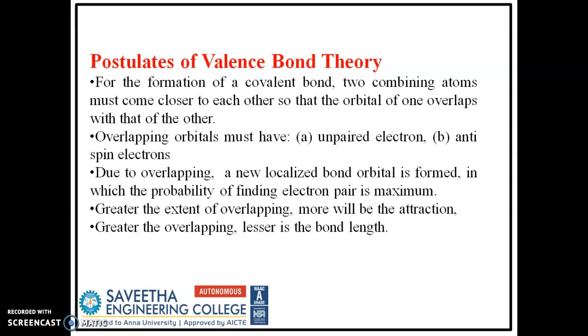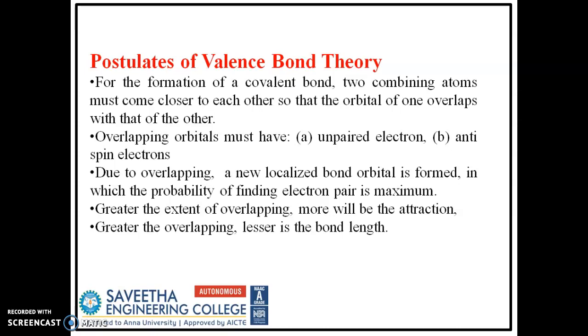Overlapping of orbitals must have 2 electrons. One is an unpaired electron and the other one is an antispin electron. Due to the overlapping, a new localized bond orbital is formed, in which the probability of finding the electron pair is maximum.